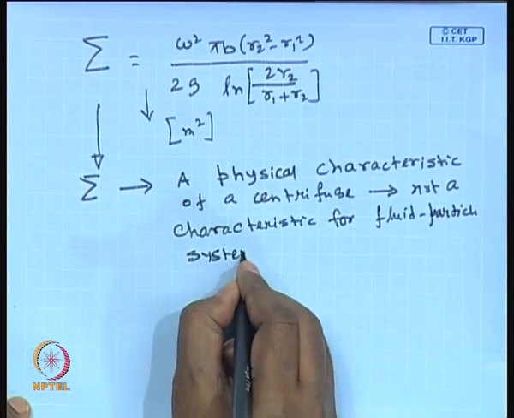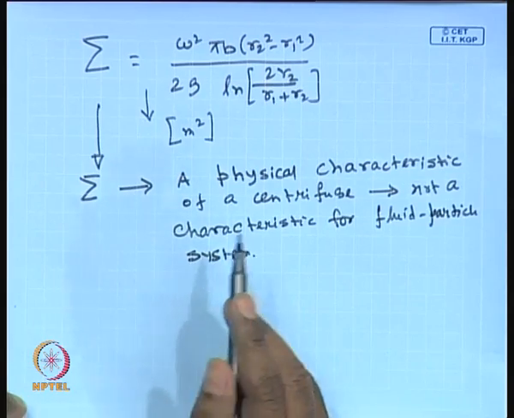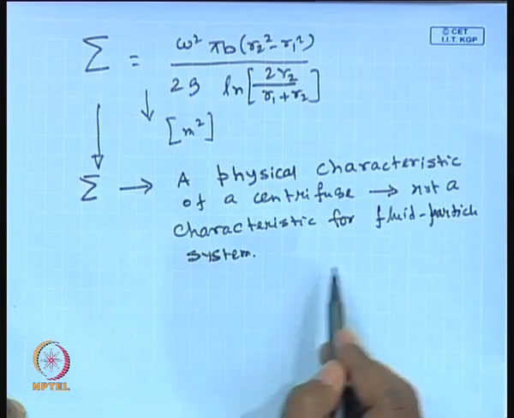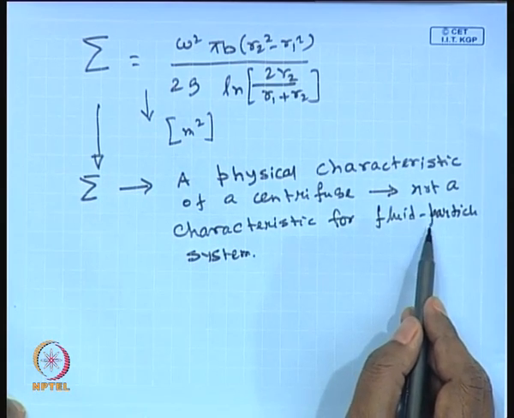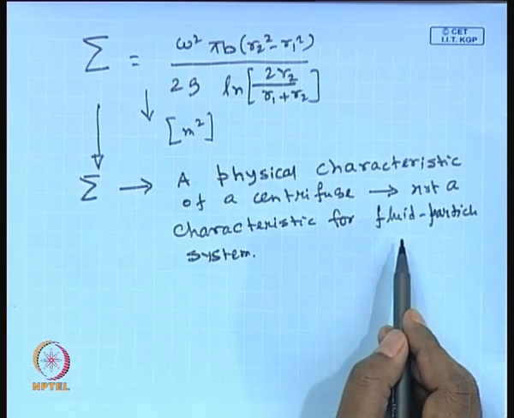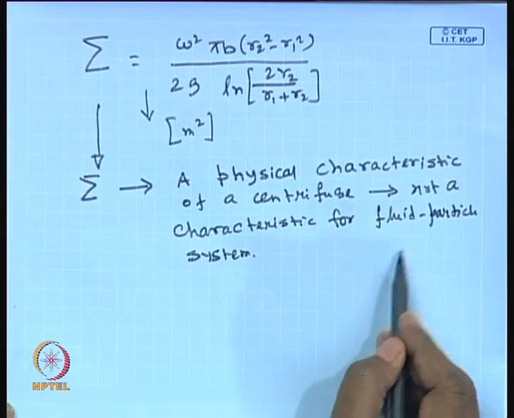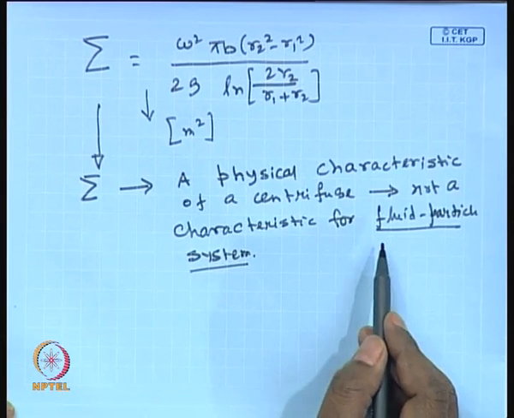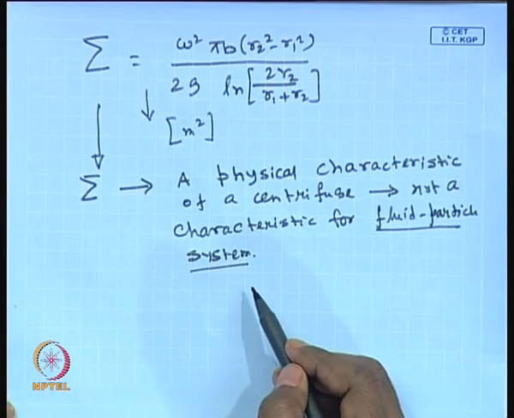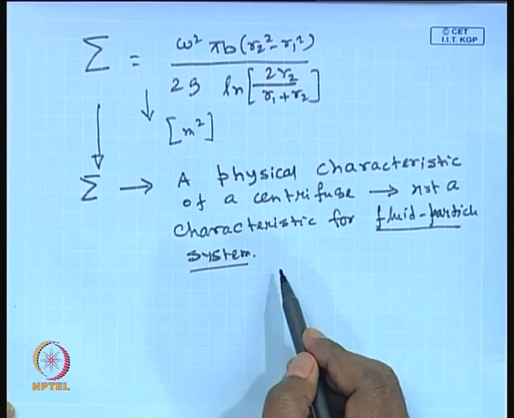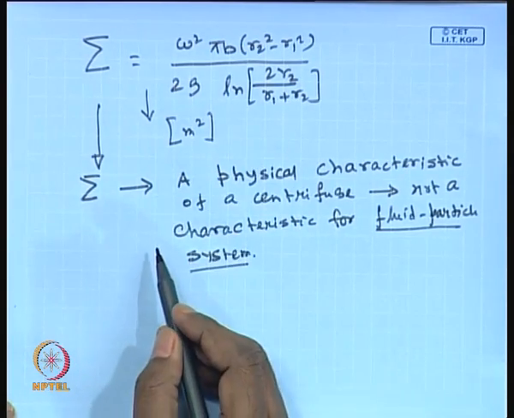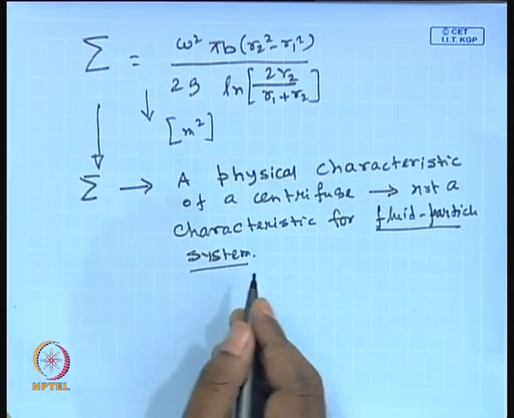It does not contain any property of the fluid, it does not contain mu, it does not contain rho. It does not contain the particle diameter either. All these fluid particle characteristics, that means diameter, density, viscosity, will appear in the VTG, the terminal velocity under gravity, and this sigma value is nothing but the characteristic of the centrifuge. Okay. So, that is the difference between the two.